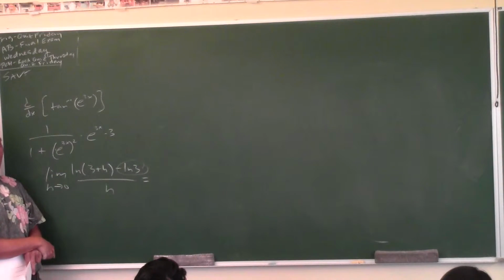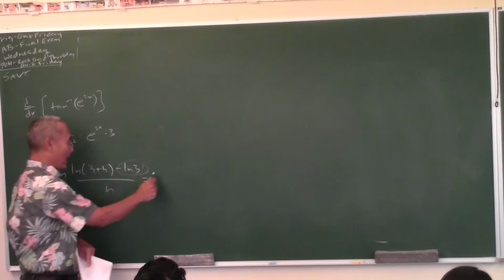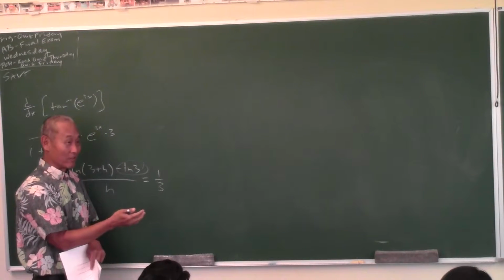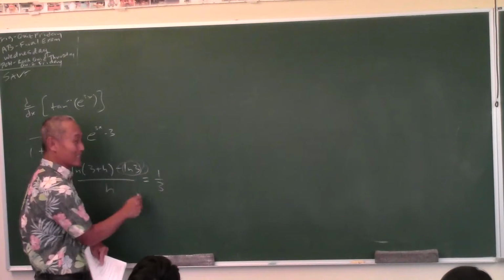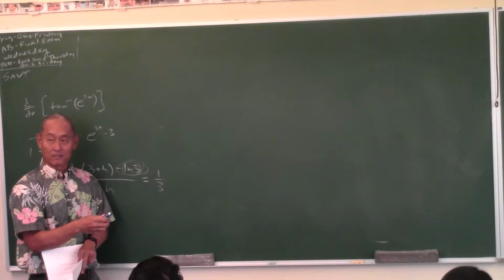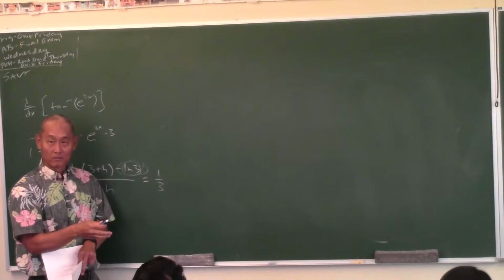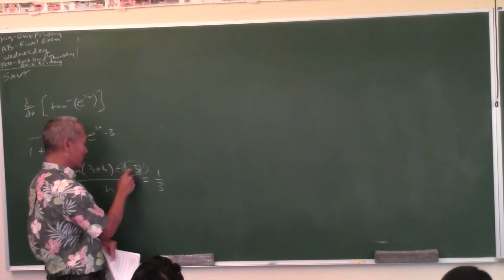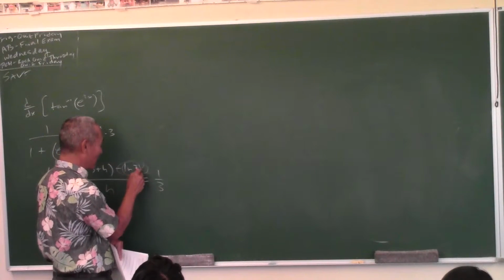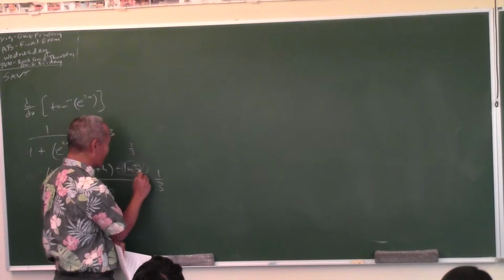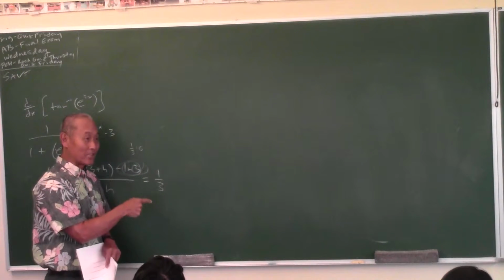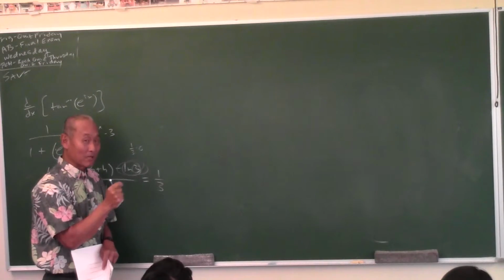Anyway, if you took the derivative of natural log 3, the answer is 0, because that's a constant. The derivative of a constant is 0. Or if you use the regular derivative rule, the derivative of natural log of box is 1 over box times the derivative of box, which is 0. You have to take the derivative first and then plug in the number.